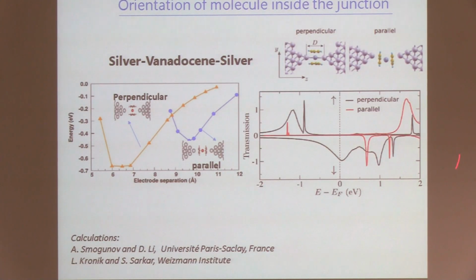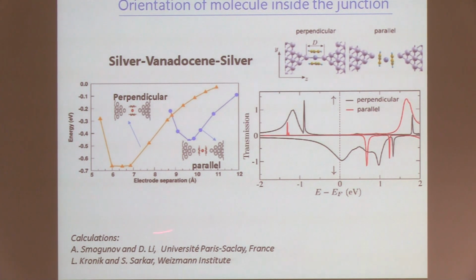Now this is the important thing: why this spin filtering originates in this case. There are two different groups with which we collaborated, Professor Alex Moganov and Professor Leo Kronig. Both of them have done calculations with 2 different methods to prove that we have this spin filtering effect.